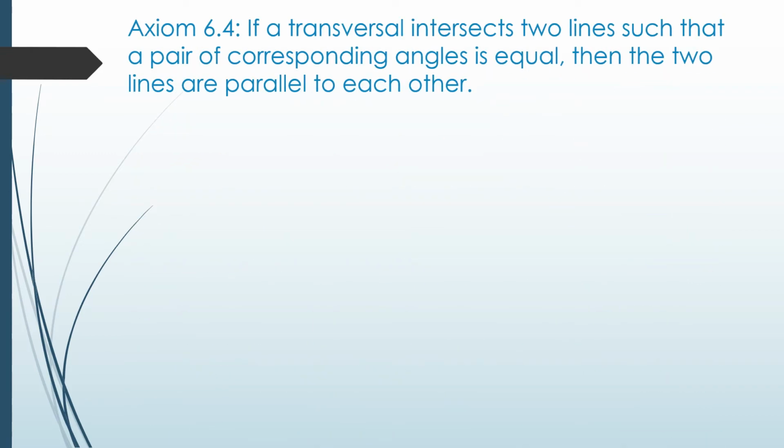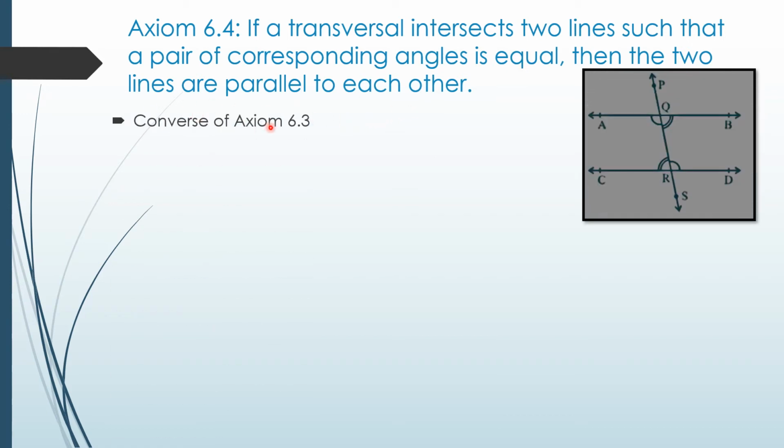Axiom 6.4. If a transversal intersects two lines such that a pair of corresponding angles is equal, then the two lines are parallel to each other. Here you can clearly see that it is the converse of Axiom 6.3. Now to understand this axiom, we use the corresponding angle axiom to find the relation between alternate interior angles, and prove that line AB and line CD are parallel.